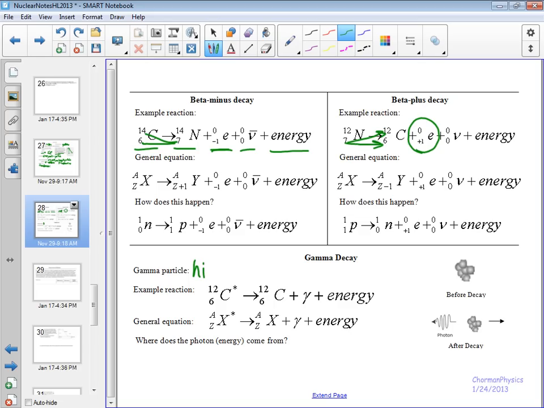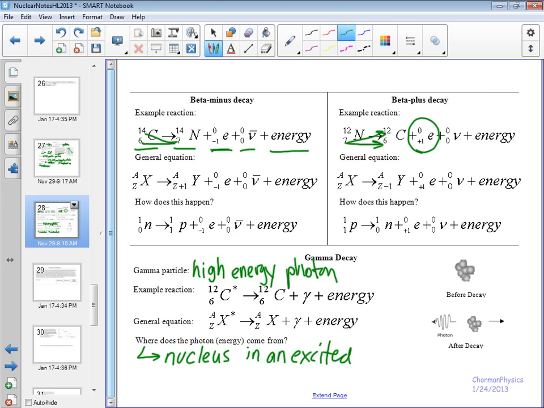All right, so gamma decay is this last piece of ionizing radiation. A gamma particle is just a high energy photon. Typically, gamma decay occurs after an alpha or beta decay. It's just electromagnetic radiation. This starred version of the atom basically tells us we have a nucleus in an excited state.